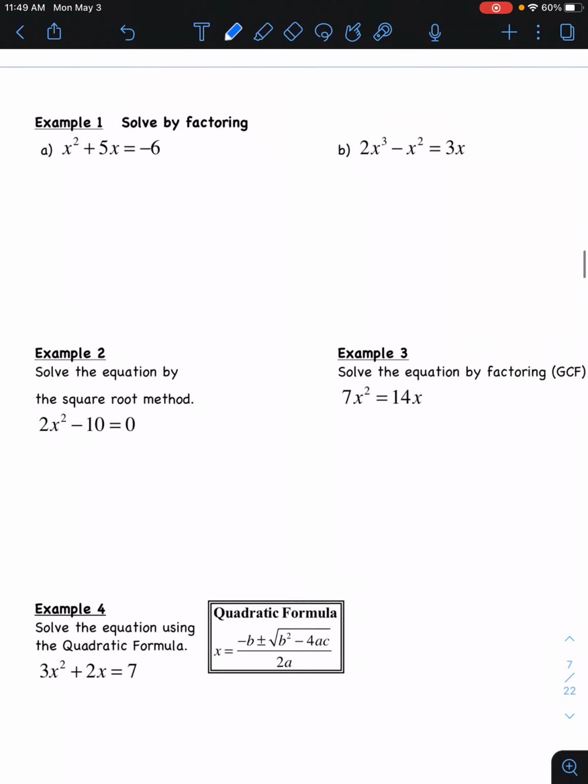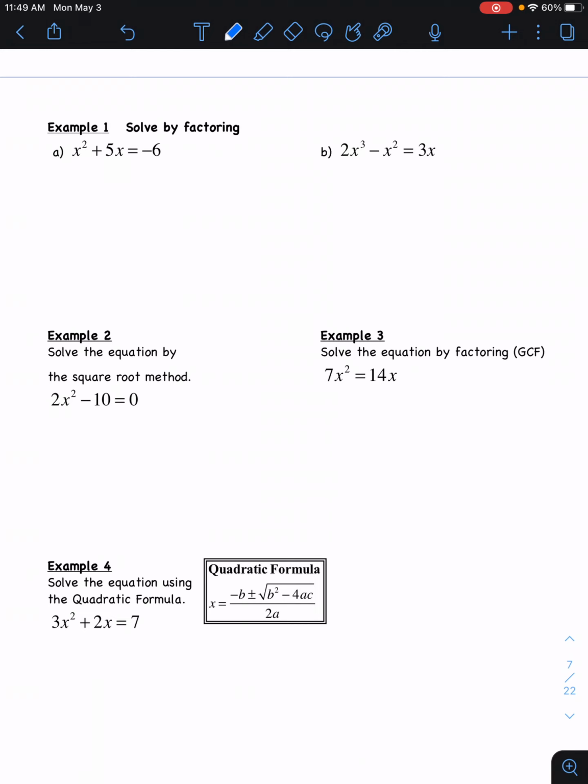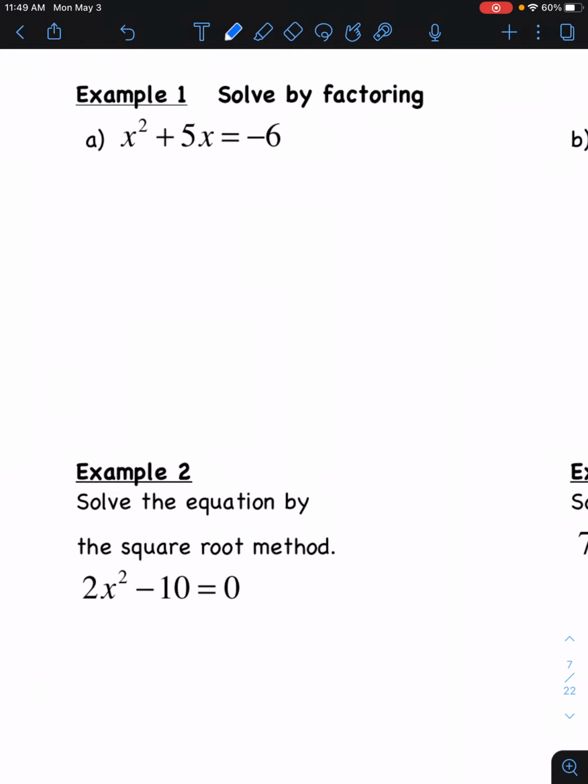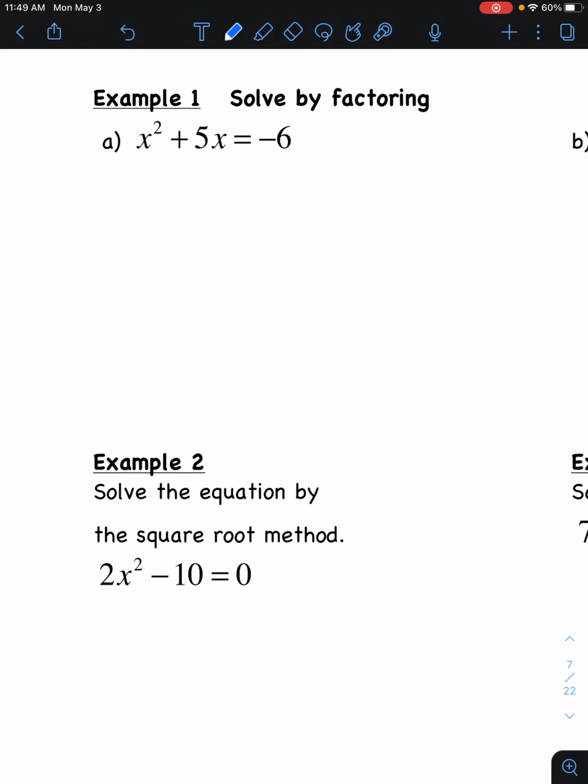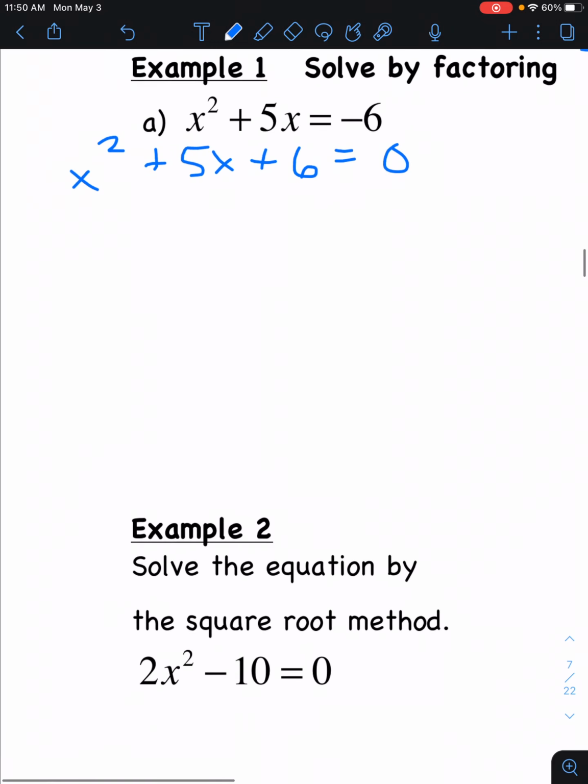So example 1, we're going to learn how to solve by factoring. In order to solve by factoring, we must set the equation equal to 0. So we first need to add 6 to both sides. And then notice it's a quadratic trinomial in standard form.